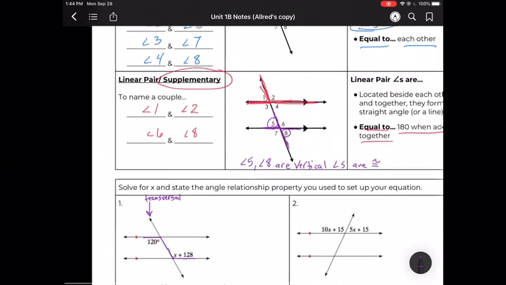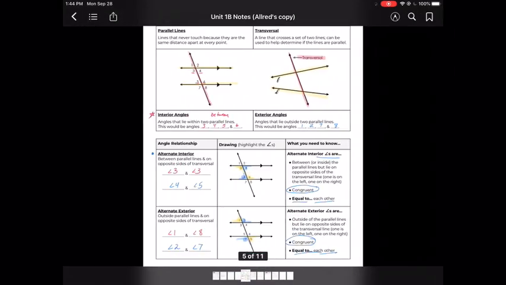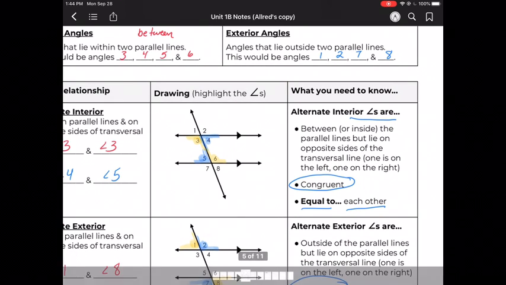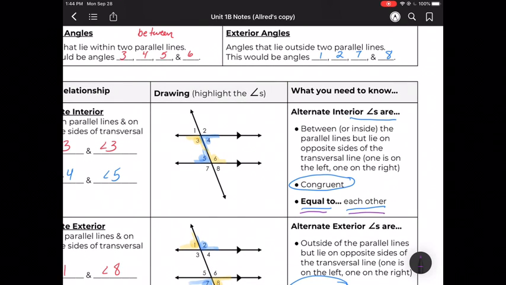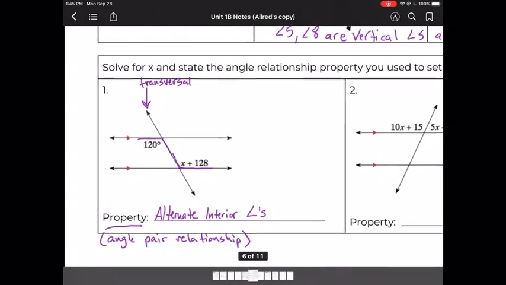And I want you to see back up here, actually on the previous page, that alternate interior angles are equal to each other. So that's what I want to write. Actually, I want to write alternate interior angles are congruent, and we need to know that means they're equal to each other. So that's what we're going to finish out with our property.